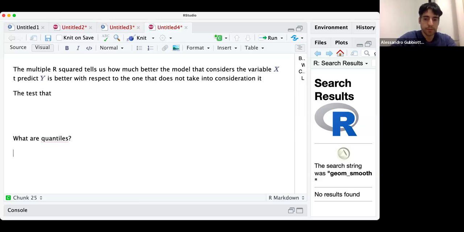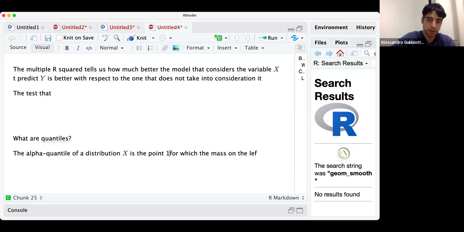So the alpha quantile of a distribution X is the point, which we will call Q of alpha, for which the probability mass on the left is alpha.